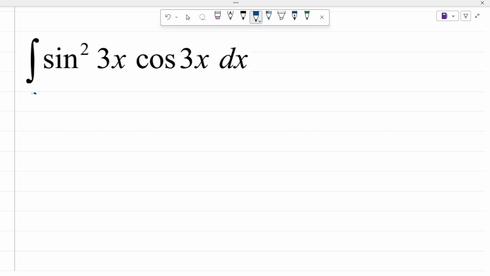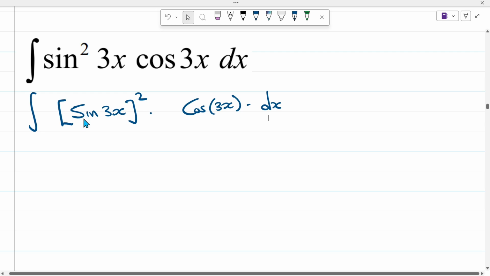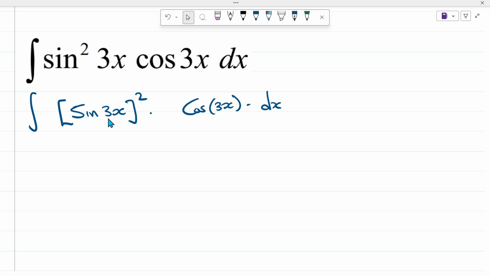So let's rewrite this nicely. If we let sine 3x be our function, then the derivative of this has to be 3 cos of 3x, but then we don't have a 3, so we need to cook that 3.